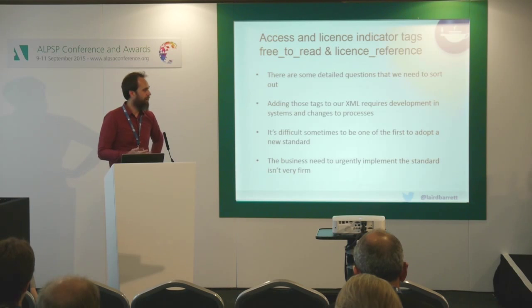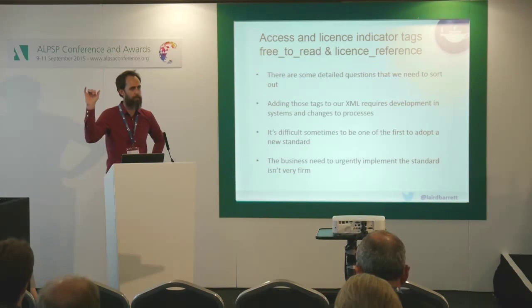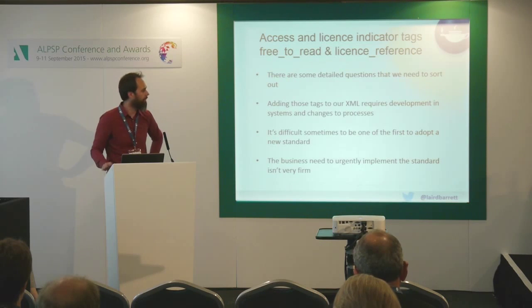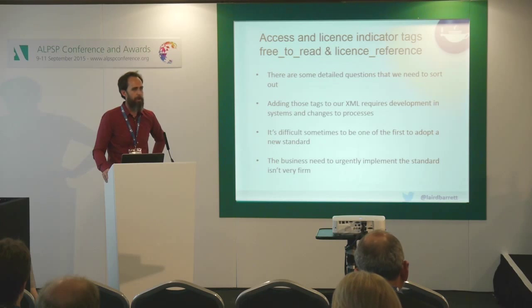If we're going to put dates in there, how do we get those dates in there? We've got to host all of our licenses at different URIs to put into the XML. How do we host those, and do we have all that license information? The list kind of goes on. And I think we've got to figure out those questions as a business before we can move forward.